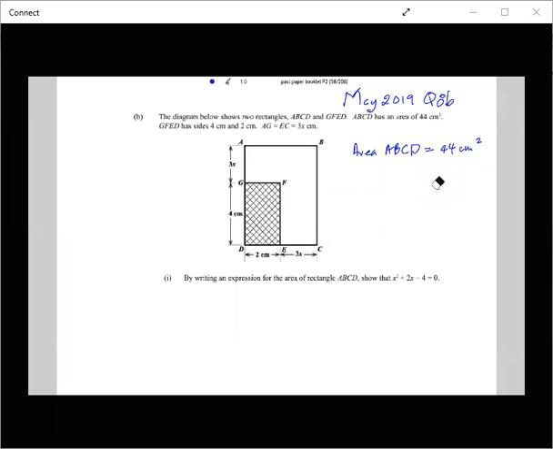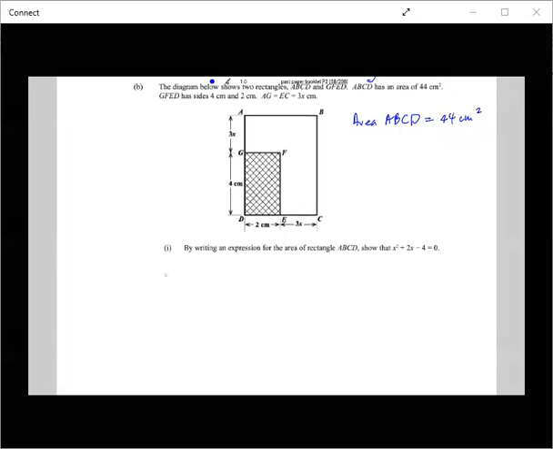So let's continue. First of all, let's find the length. We're looking at rectangle ABCD, and the length is equal to 4 plus 3x. So this is the length, and this is the width.